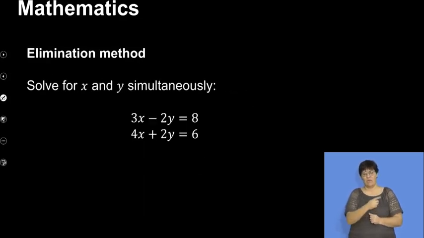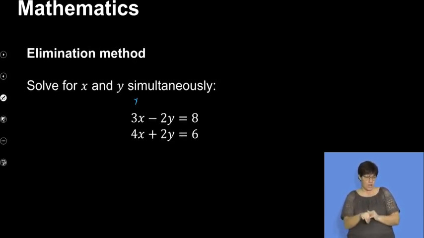But I know all of this is just language, right? Let's look at a typical example of what we need to do. So you can already see 3x, 4x. I can't really cancel it, right? If I subtract, I will be left with 1x, either a negative or a positive, it doesn't really matter. If I add, I will get a 7. So I'm not going to consider cancelling x. Let's look at y.